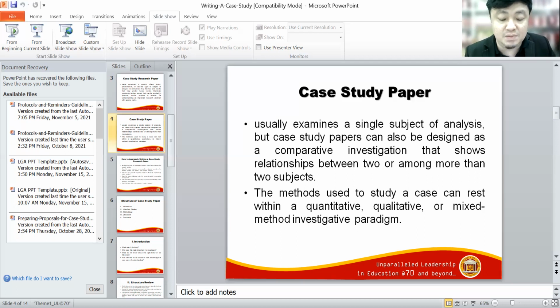In the social and behavioral sciences, business administration included, the case study usually focuses on human interaction within a complex physical, social, economic, cultural, or political system. Okay, so the research problems or questions could be how and by what means this phenomenon exists.